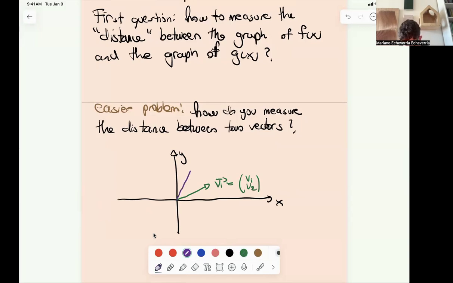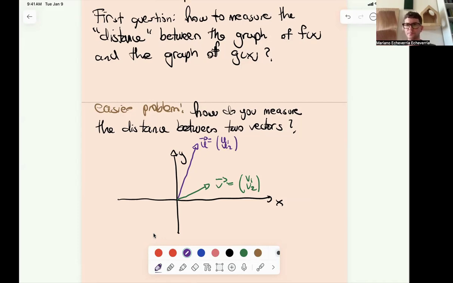Actually, let me call them u and v, because that way the notation will be slightly better. So let's keep v here, but let's call the other one u. Yeah, that will look better. So that the entries are just u1, u2 and v1, v2.